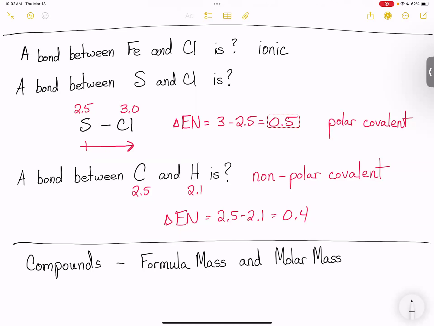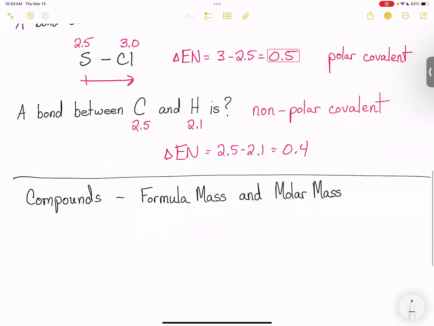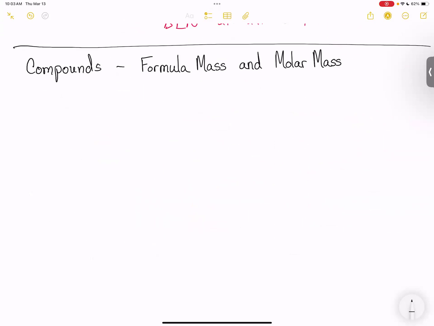So let's finish our discussion about compounds. Just the compound itself with the formula mass and molar mass. Back when we talked about the atoms of the elements, I introduced this concept of an isotope.